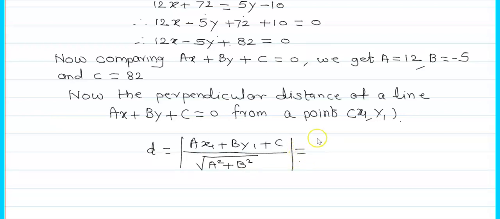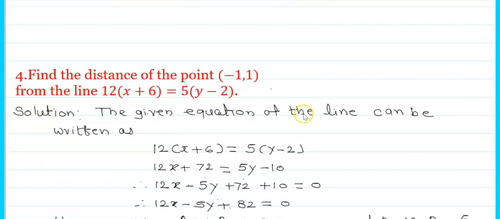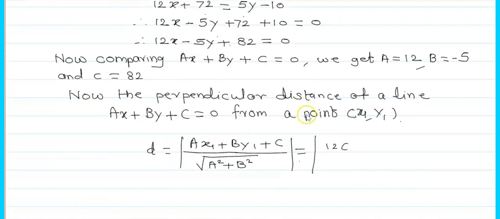Okay, now substitute the values. What is a? a is 12. Next, what is the point? The point we have given is -1, 1.